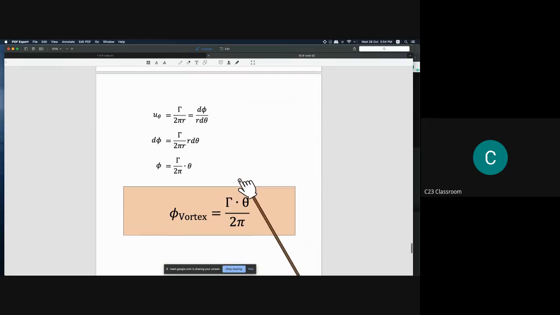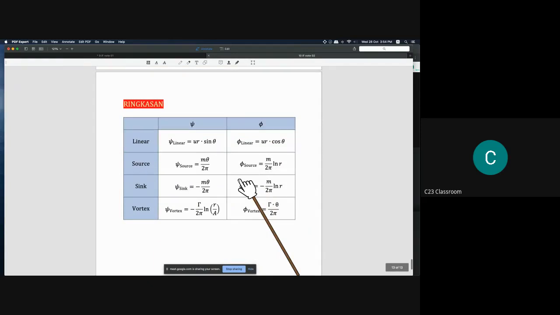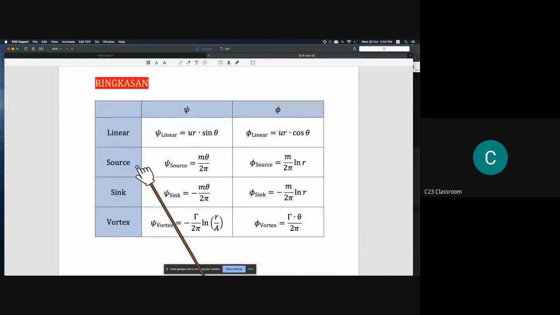So here it means that you already know these four types of flow: linear, source, sink, and vortex, and each of them has its own psi. So we have a psi for linear, psi for source, psi for sink, and psi for vortex. And then we will use this in our further calculation.